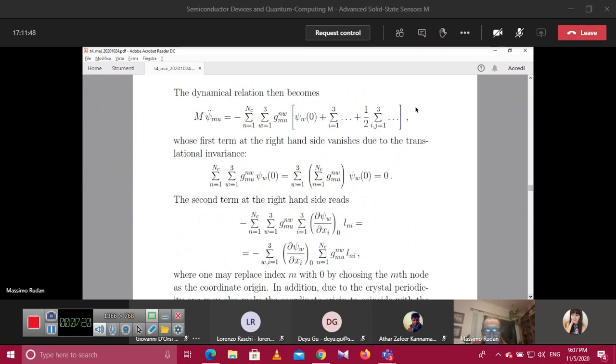Since the second order expansion was too long, the first order term is replaced with dots, and also the second order term is replaced with dots, okay?